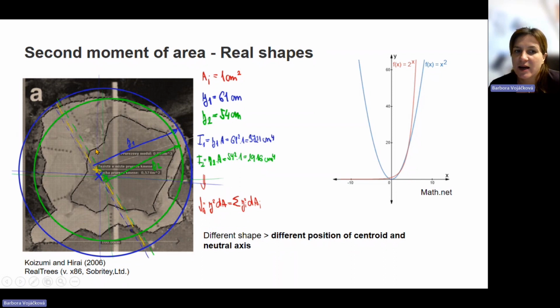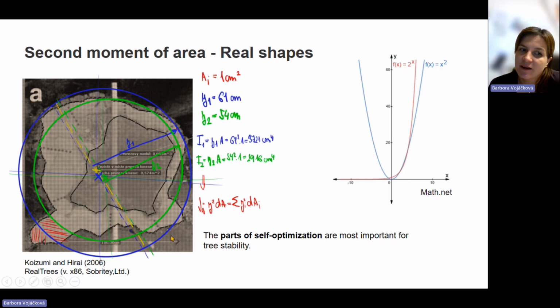Also, if I use a regular shape instead of the different shape of the cross section, the centroid will move, and so the neutral axis will move. So again, it changes the distances between the neutral axis and the places which I'm computing.